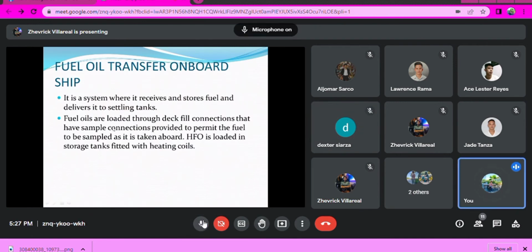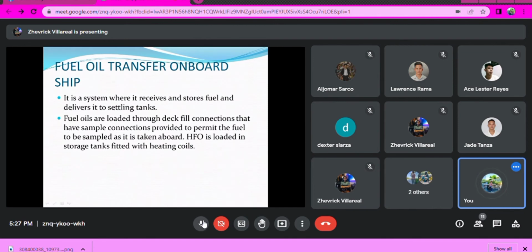Fuel oil transfer on board ship. It is a system that receives and stores fuel and delivers it to the settling tank. Fuel oils are loaded through the deck fuel connection, which has a simple connection provided to permit the fuel to be sampled as it is taken on board.